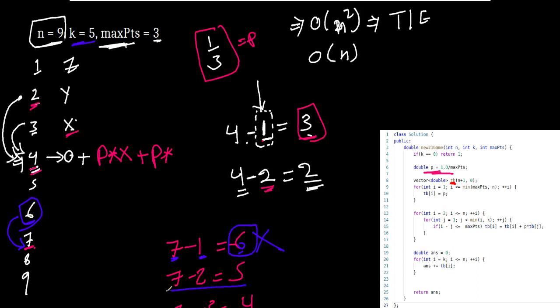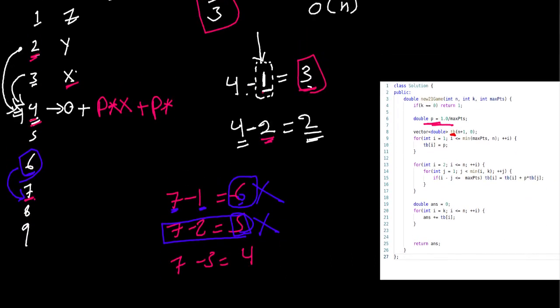The same for this value, 7 minus 2 equals 5. Now 5 is greater than or equal to k, and so we don't need to add this to the solution. For 3, 7 minus 3 equals 4. 4 is less than k, so in this case we add this to the solution.